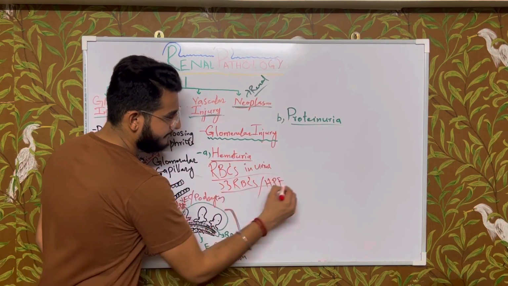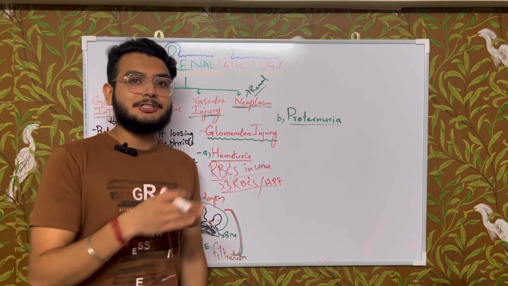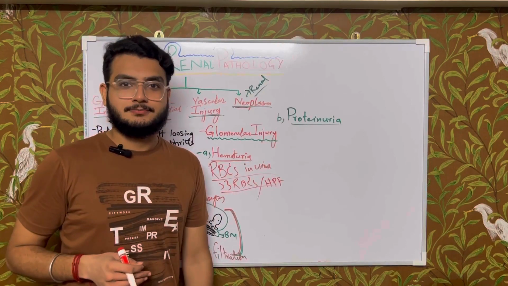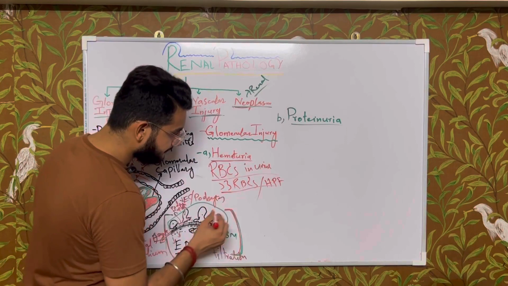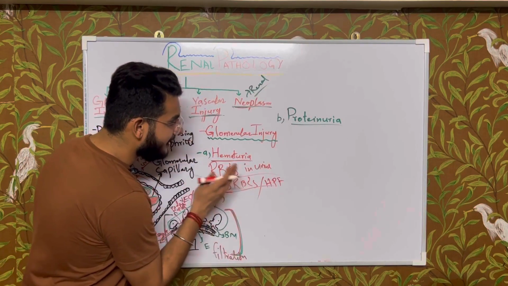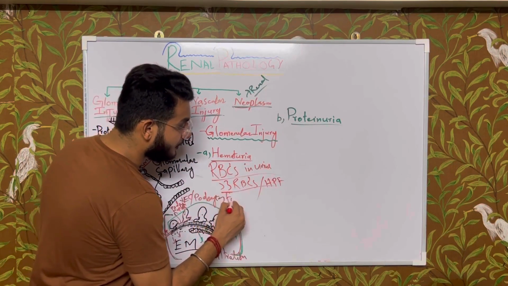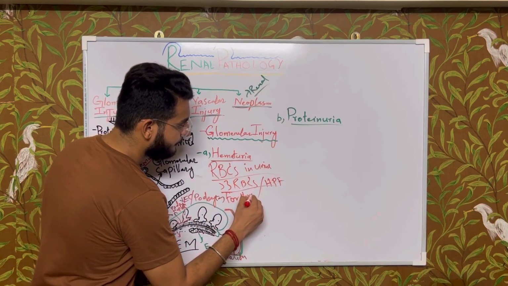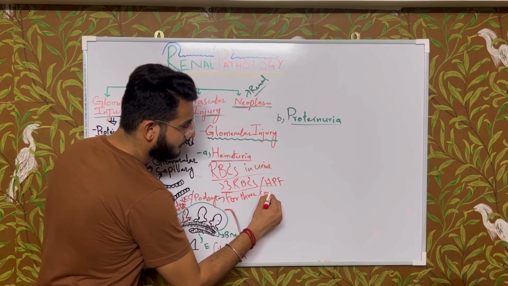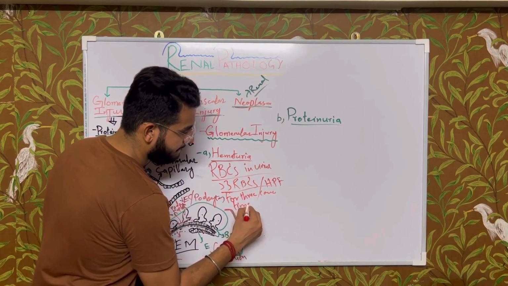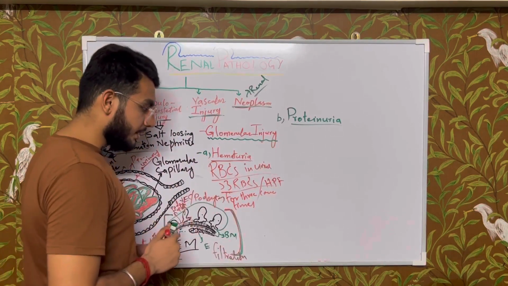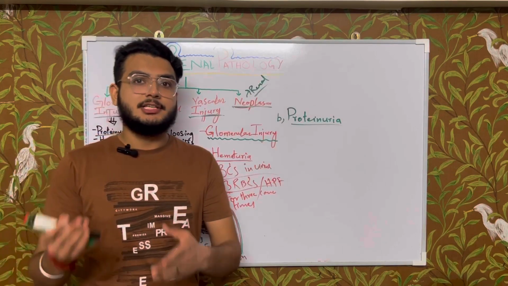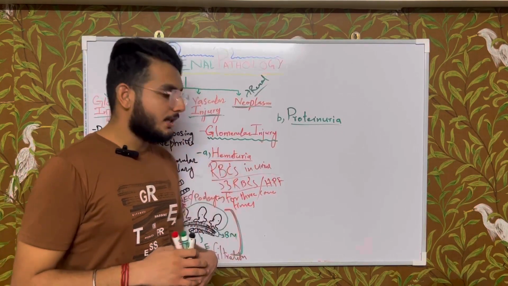Still, you cannot declare that patient as a hematuria patient until you find 3 RBCs on three consecutive occasions, at 1 week apart. Then you can declare the patient as a hematuria patient, otherwise you cannot.